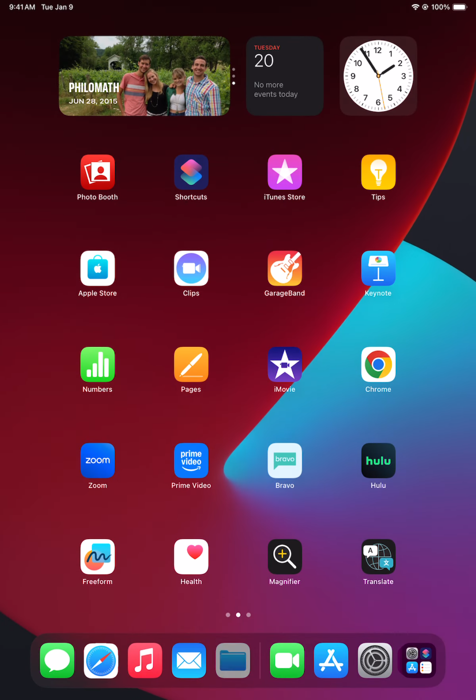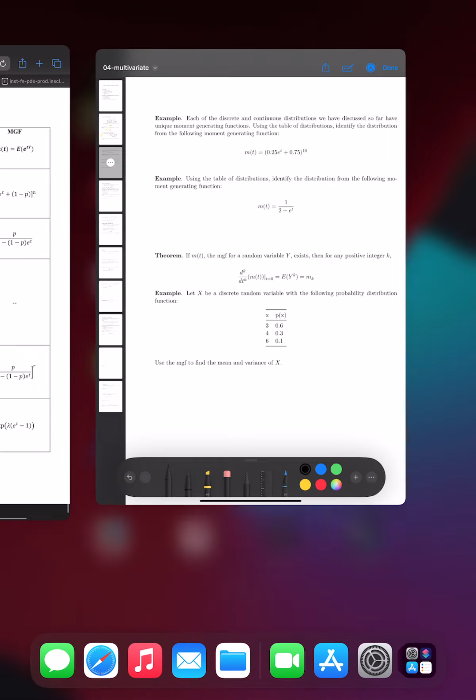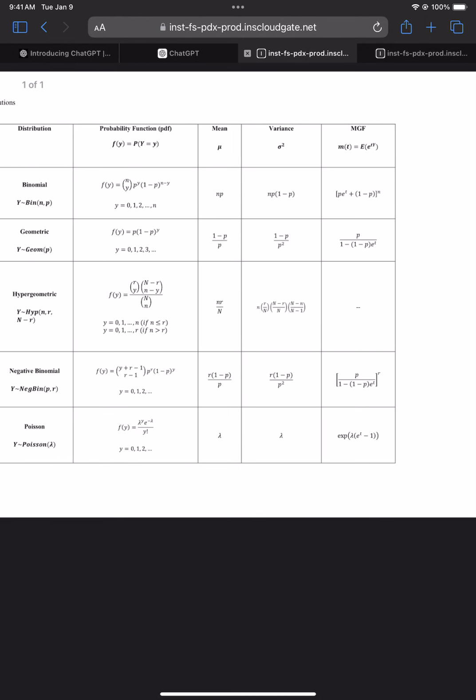Looking at this, take a second to see if you can match this to a moment generating function, and I'll give you a hint that it matches up with one of the discrete distributions' moment generating functions. After you take a minute, you should notice that it really looks like the binomial moment generating function.